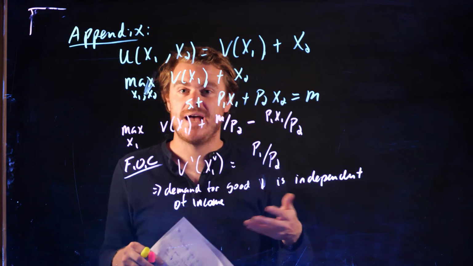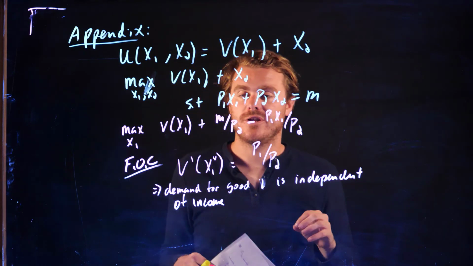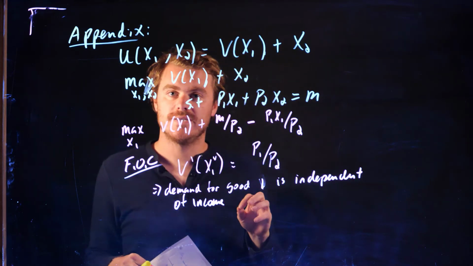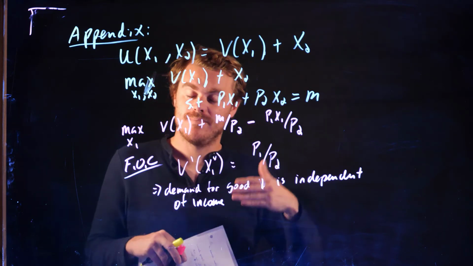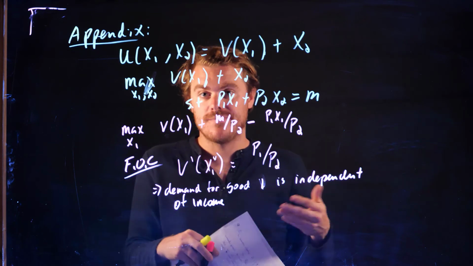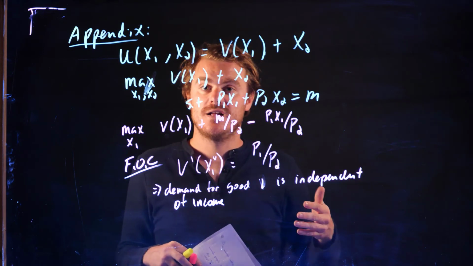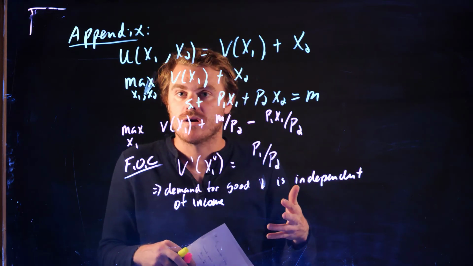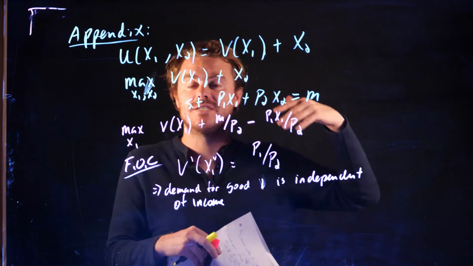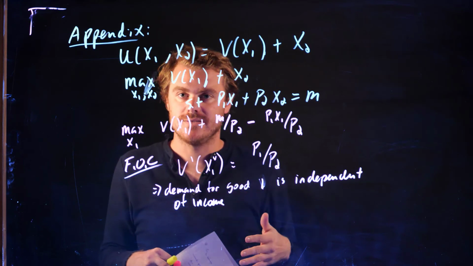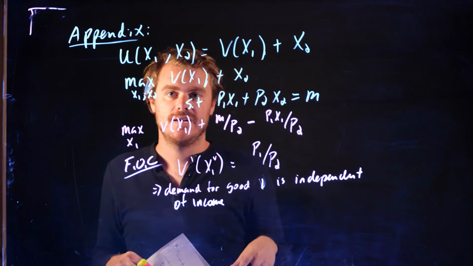We need some pens or pencils or whatever that good 1 is. But eventually we have enough. And once we can satisfy how many of those pens or pencils we want, we're not going to buy any more. And if our income keeps going up, we're going to spend that on all these other goods rather than on pens or pencils. So that's the idea here.